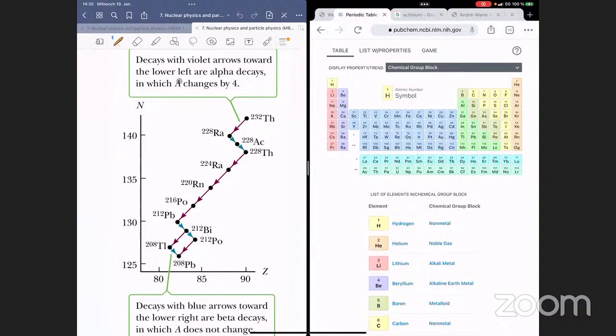The lower left violet arrow represents the alpha decay, but the blue one to the lower right is beta minus decay. One neutron is converted to a proton, and radium is converted to actinium.